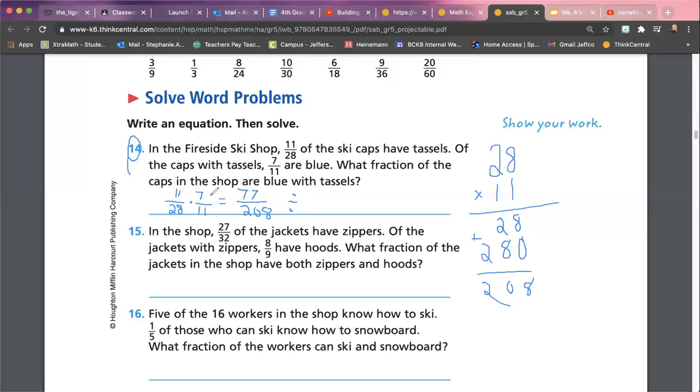I have 11/28ths and 7/11ths. So both of my numbers end up being multiples of 11, right? Because 11 times 7 on the top, 28 times 11 on the bottom. They're both multiples of 11, so I can actually divide both of them by 11. And you're going to laugh when you end up with this number. Watch.